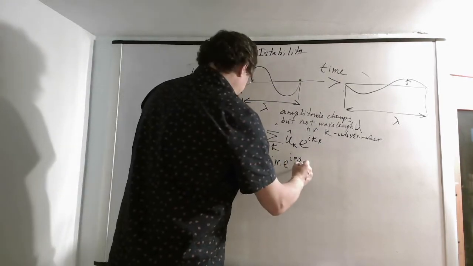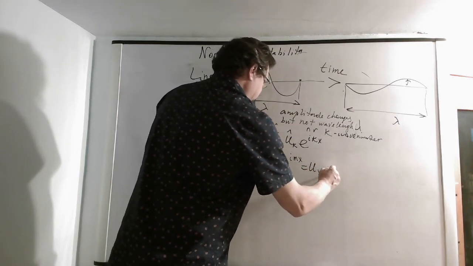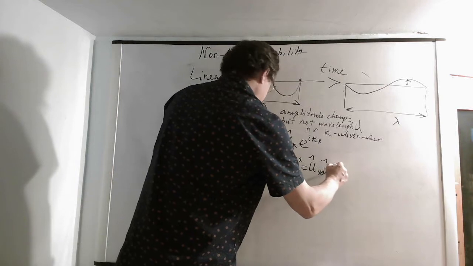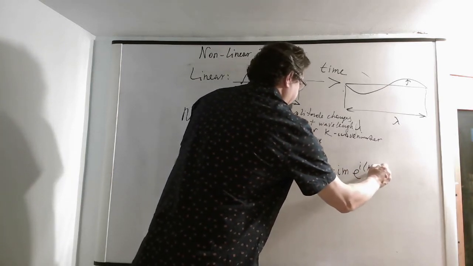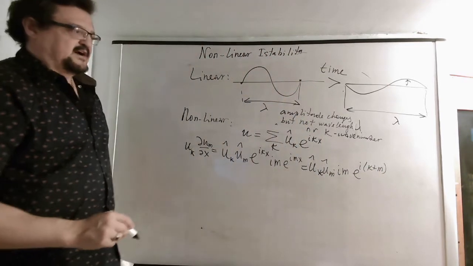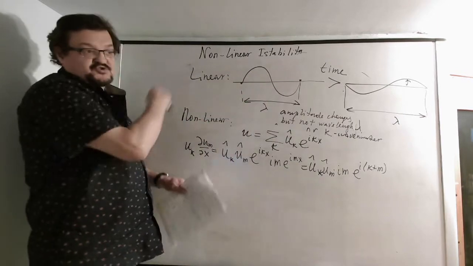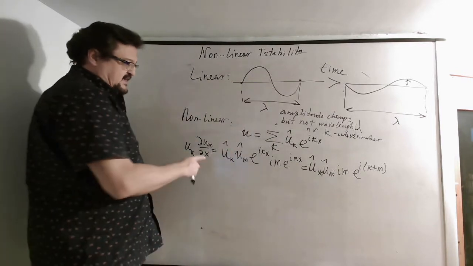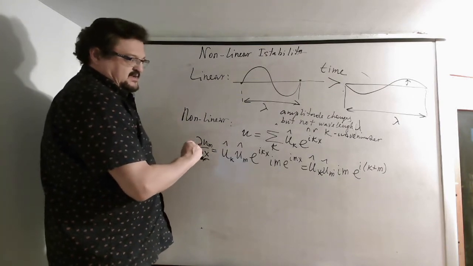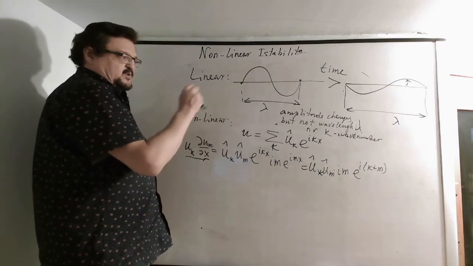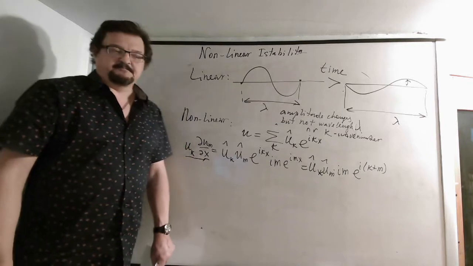So now you produce a harmonic which has amplitude u_k u_m im, and then e^(i(k+m)x). So if you have many harmonics, and the actual solution is basically many harmonics, and you subject them to these terms, then two of them with wave number k and wave number m will create some harmonic k plus m.